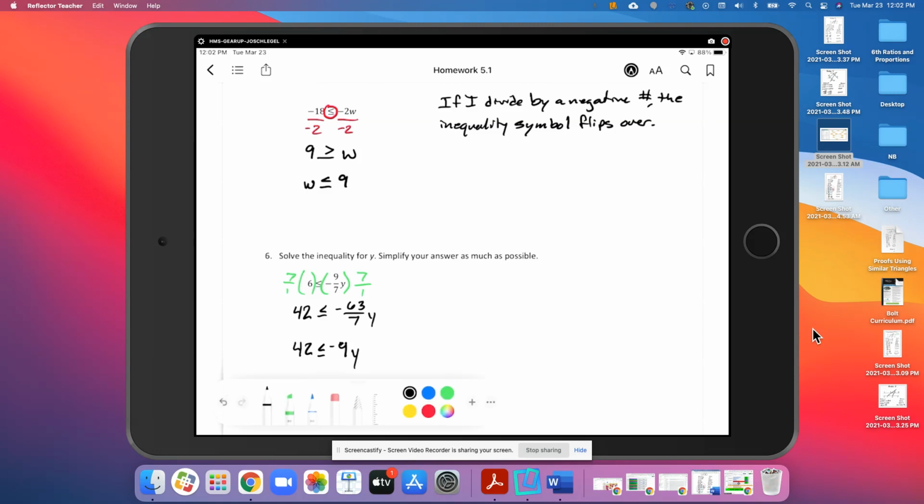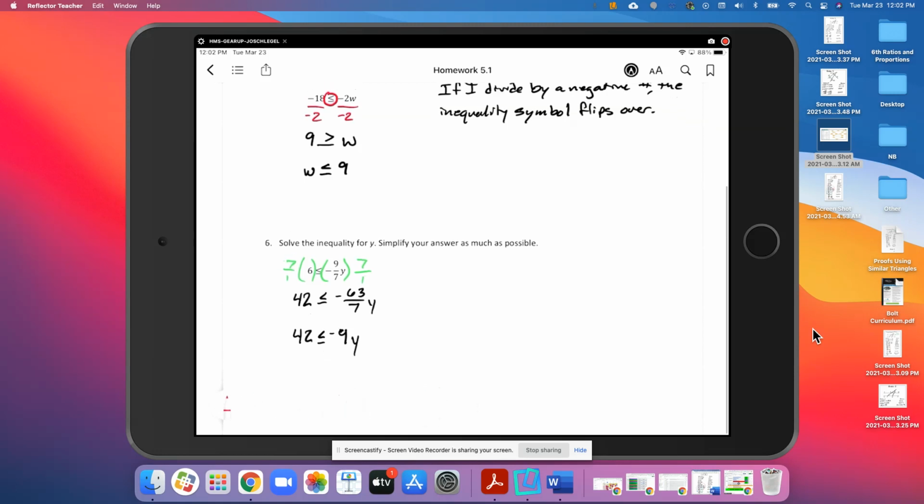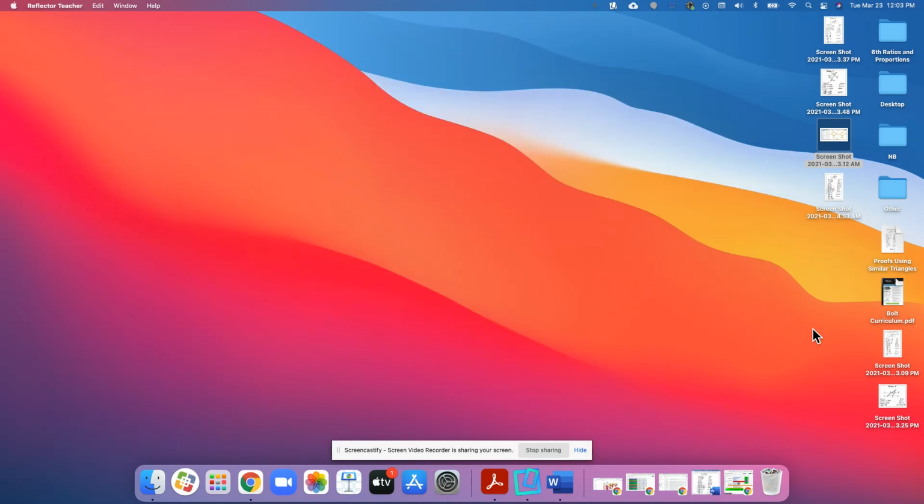Again, we are going to be dividing by a negative number, so that inequality symbol is going to have to flip around. So divide by negative 9, divide by negative 9, and we get negative 42 over 9 is greater than or equal to... The inequality symbol, I don't know why, my iPad disappeared.